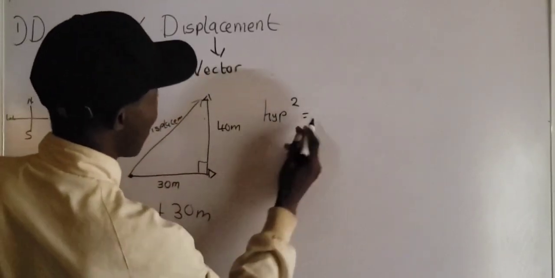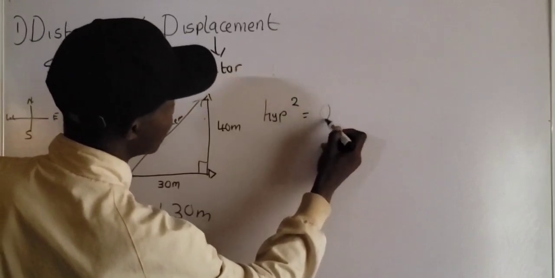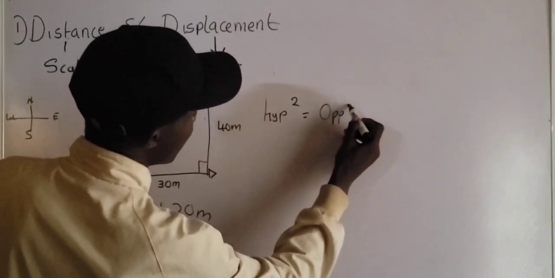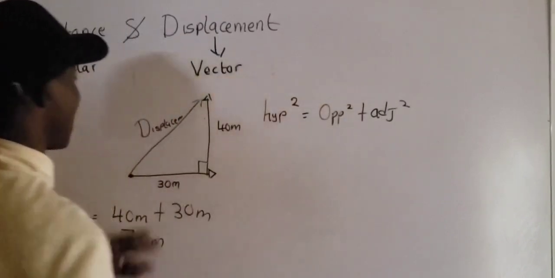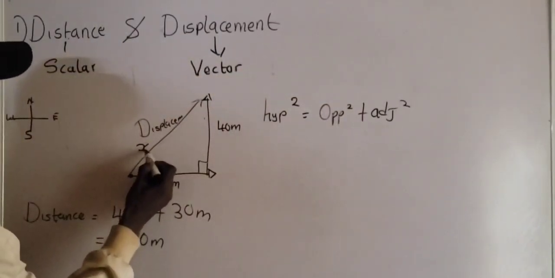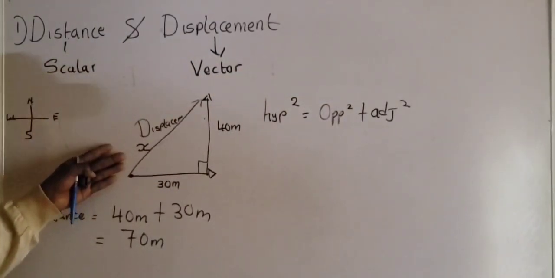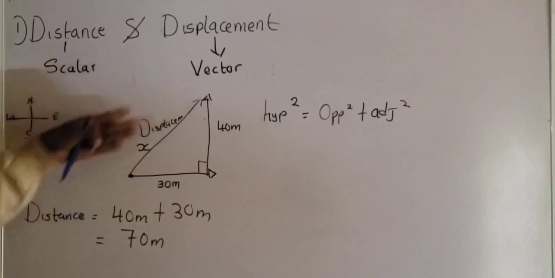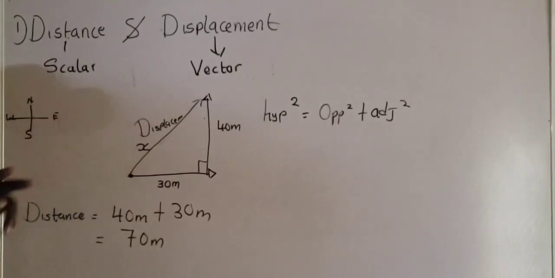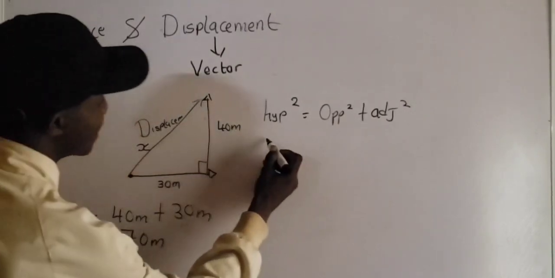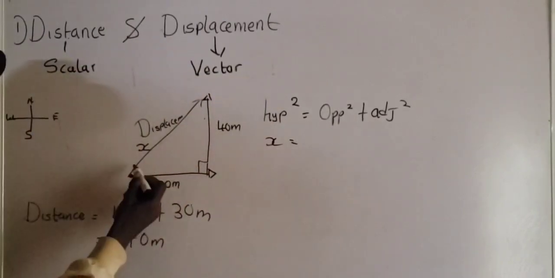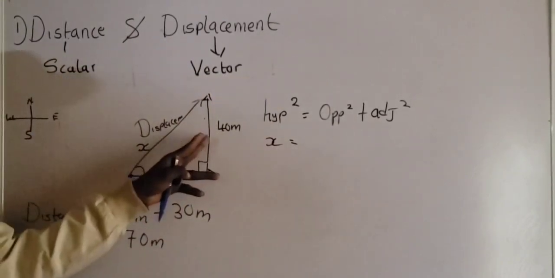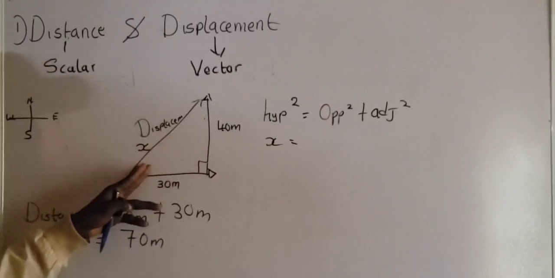So that will be hypotenuse square is equals to what? Opposite squared plus adjacent squared. You understand? So the hypotenuse is what? This the displacement. We represent it as what? X. The hypotenuse is the displacement of the boy. So I'm going to represent it as x. So x squared is equals to opposite squared. Opposite is what? Opposite is the side that faces the angle.